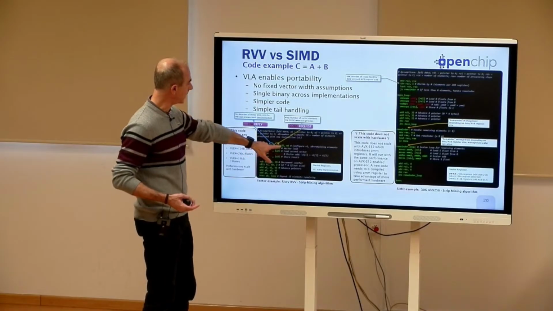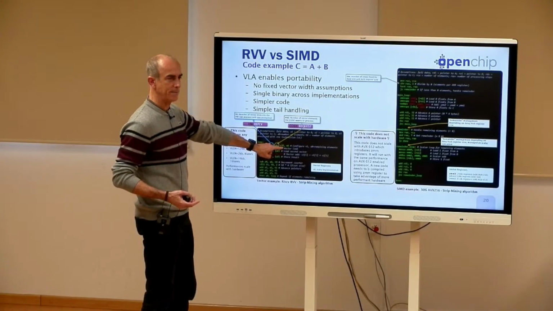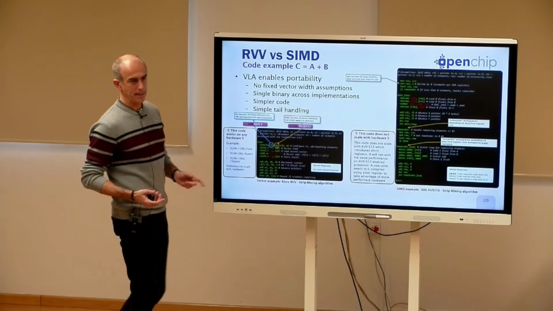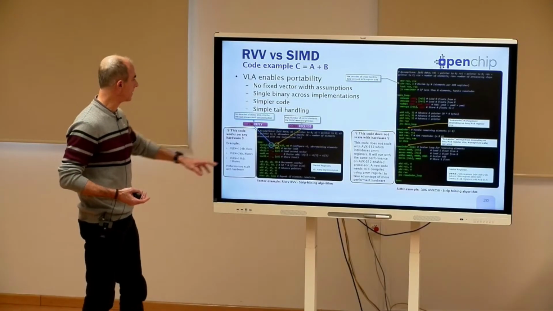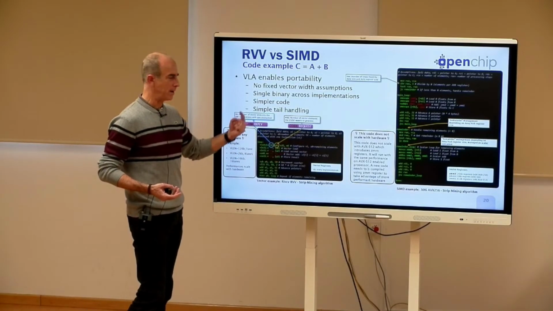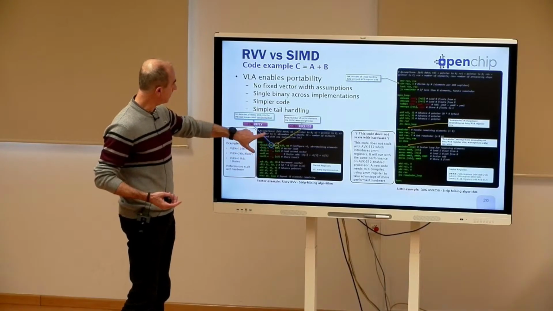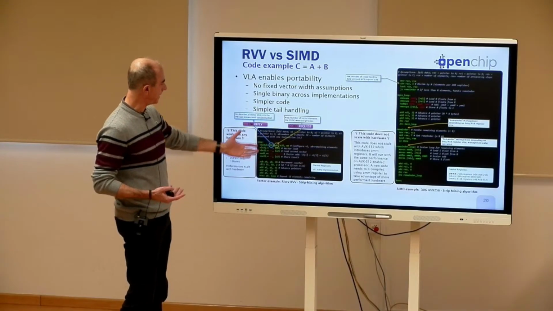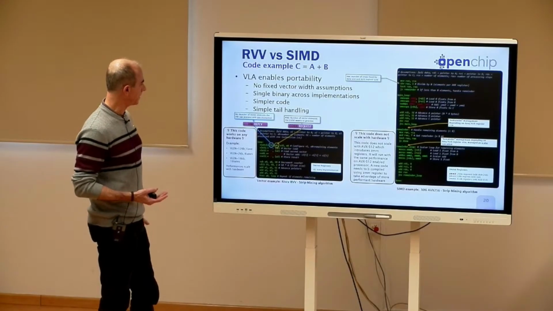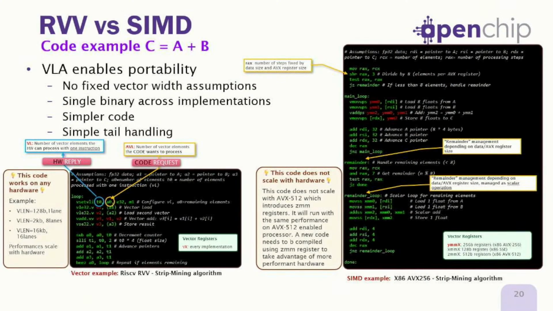For example, in this instruction, you are saying, I want to have 32-bit elements in the vector. I'm using LMUL equal to 1. And these are the two important parameters which exploit the power of the vector length agnostic nature of the RISC-V vector.